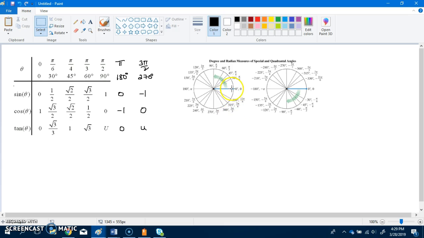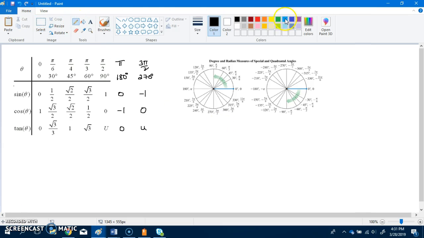The other thing that you need to know is your unit circle. You need to be able to find all of these special angles on the unit circle, but also be able to use reference angles. So let me show you how to find a reference angle.